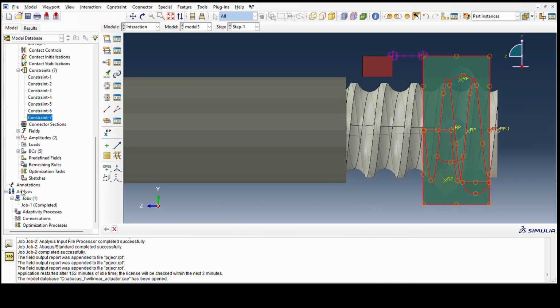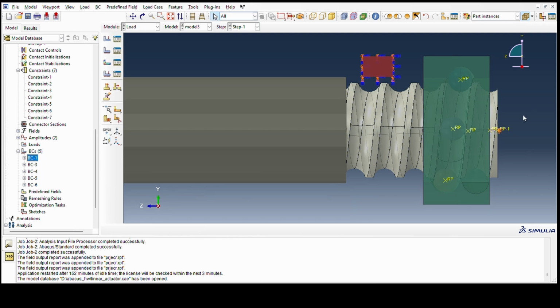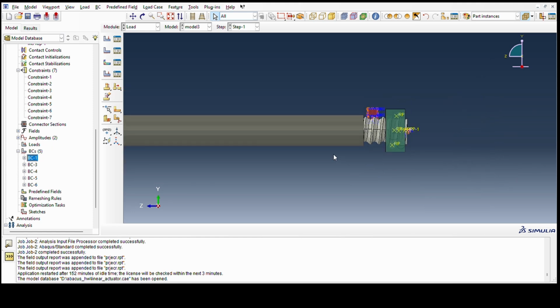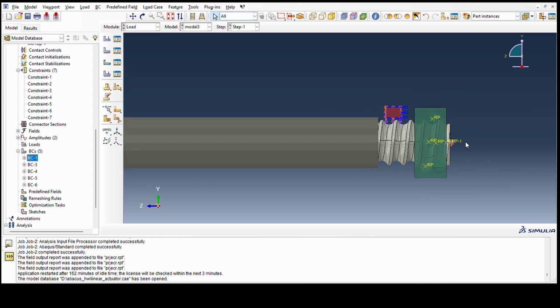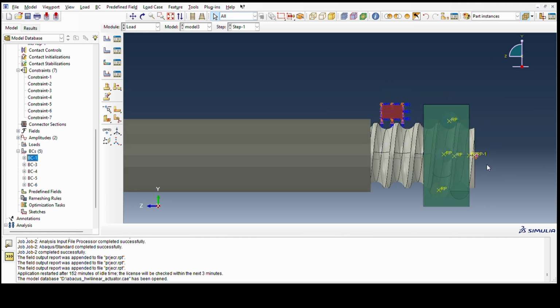And coming to the boundary conditions, I made boundary conditions such that the screw rotates only about the z direction, and the rest of the parts translate only along the z axis.